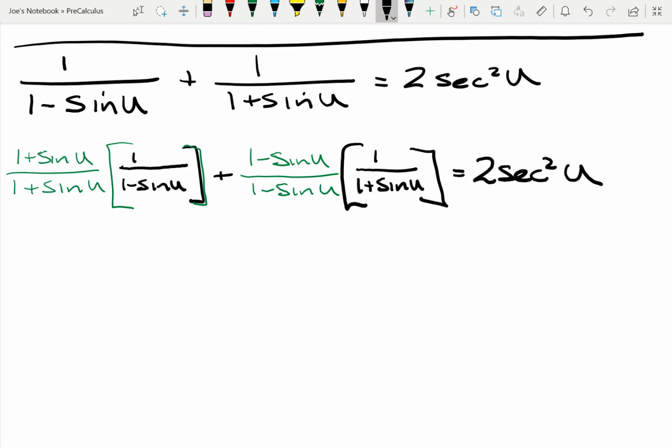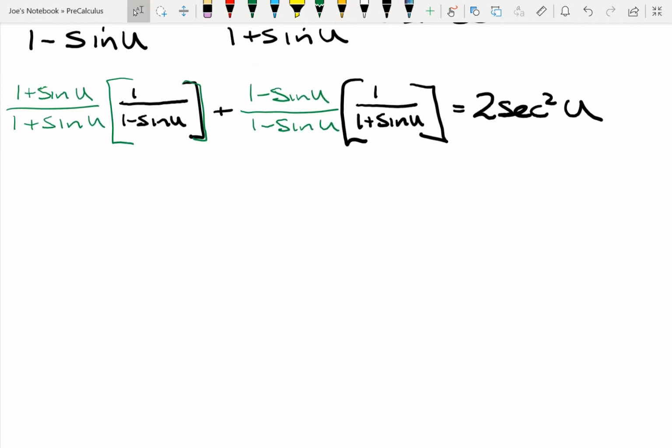So bringing that other side along for the ride. So let's go ahead and multiply it out and see what we've got.